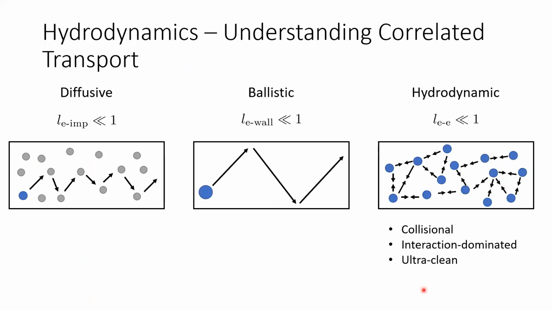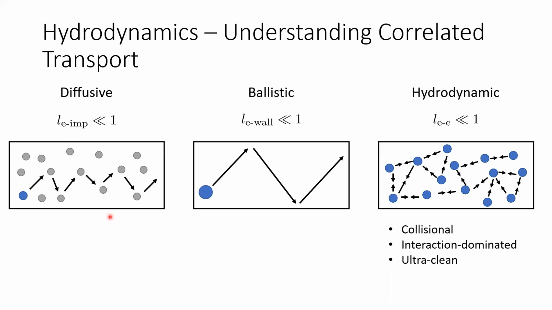As a refresher, when we talk about transport in condensed matter systems, we typically divide up regimes of transport based on the type of scattering that is dominant in the system. For instance, when the electron-impurity scattering length is very short, we call this diffusive transport.